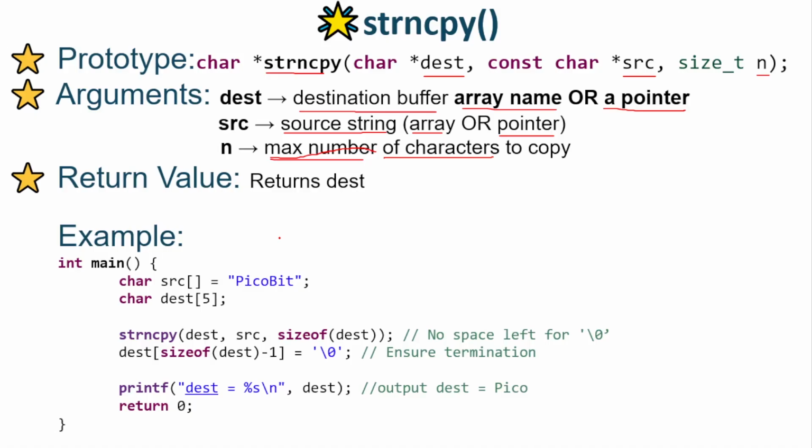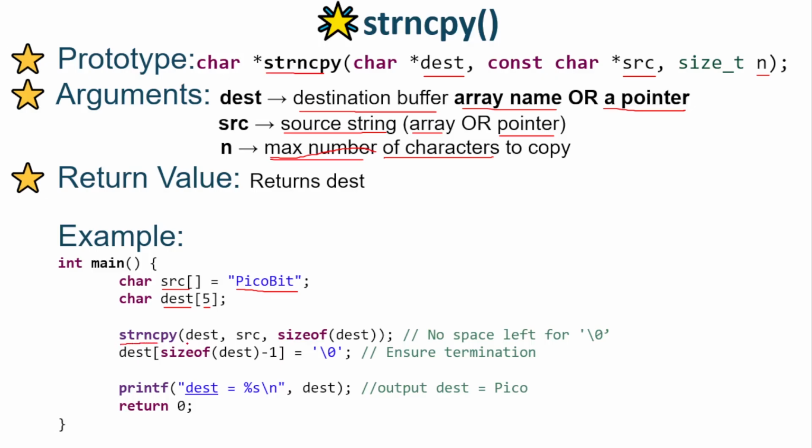It copies only the first 5 characters from src into dest, which are p, i, c, o, and b. However, because all 5 bytes are used, there is no space left for the null terminator, meaning the string in dest is not safely terminated yet.